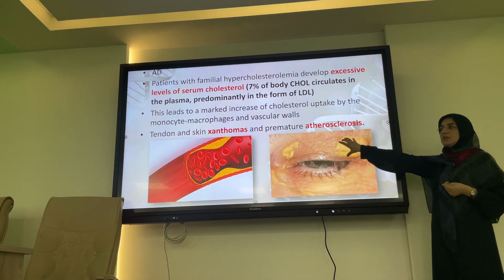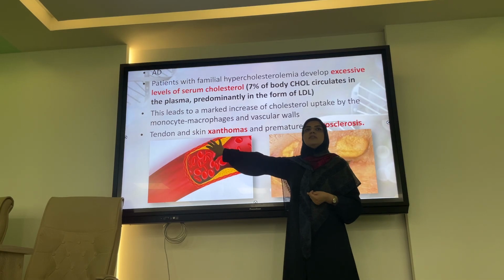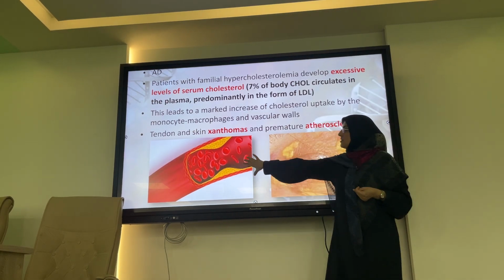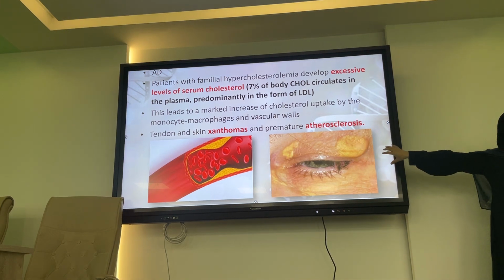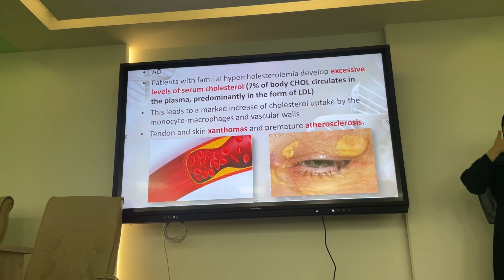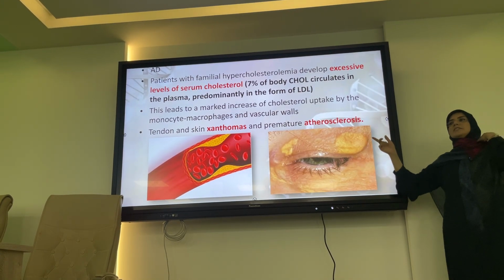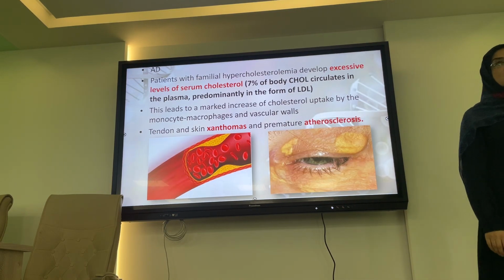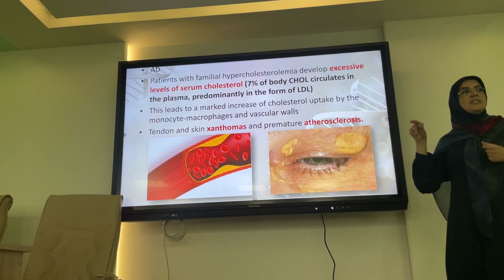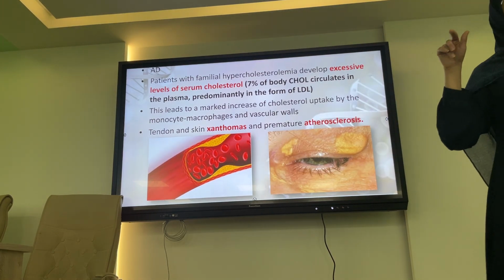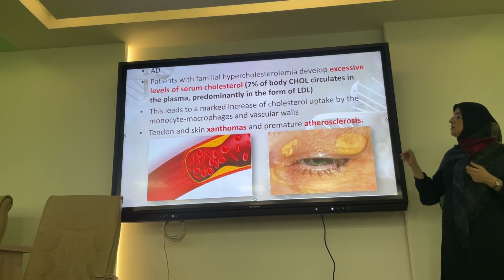This cholesterol will accumulate inside the vessel's wall. We call it atherosclerosis. It will collect in the skin. When it's around the eye, we call it xanthelasma.